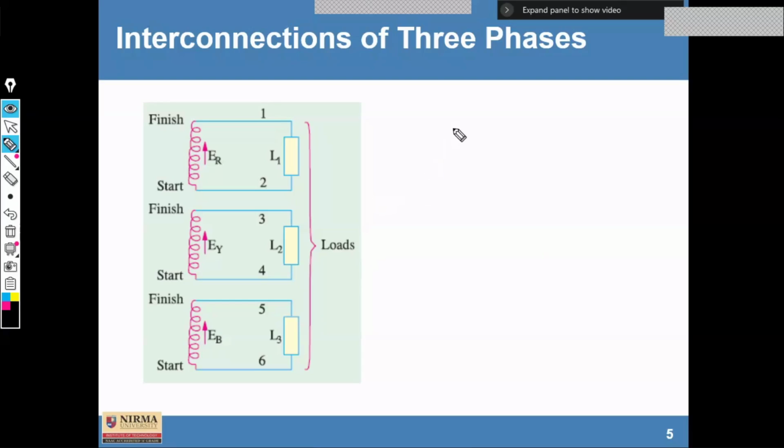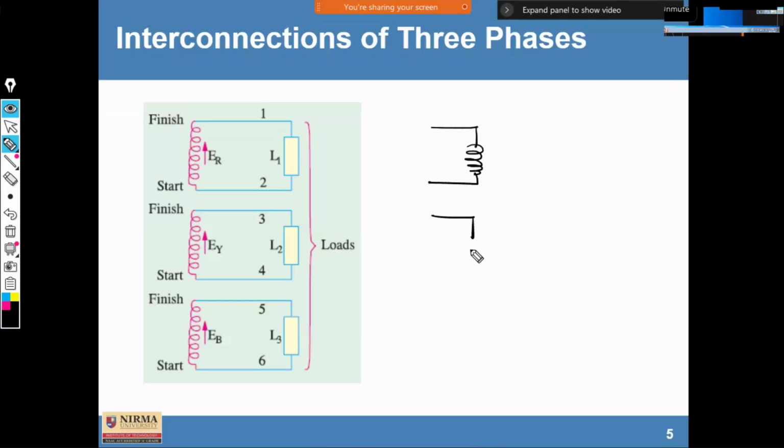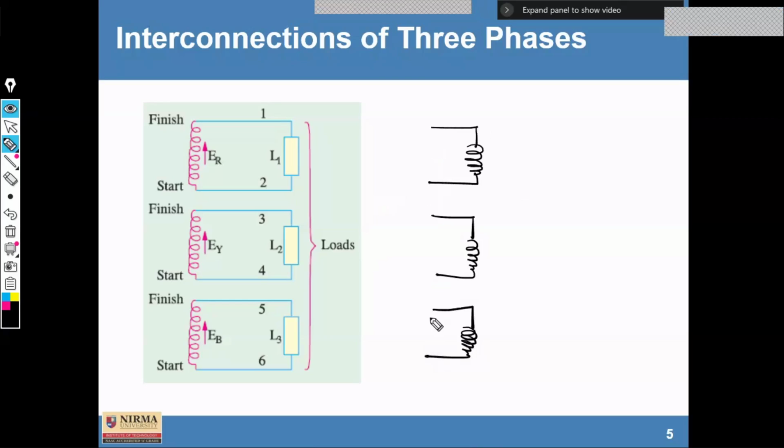First of all, there are 6 terminals, and these 6 terminals we can connect in two different ways. One is star connection, as you are familiar, already studied during the experiments. So R, Y, and B. Fine.